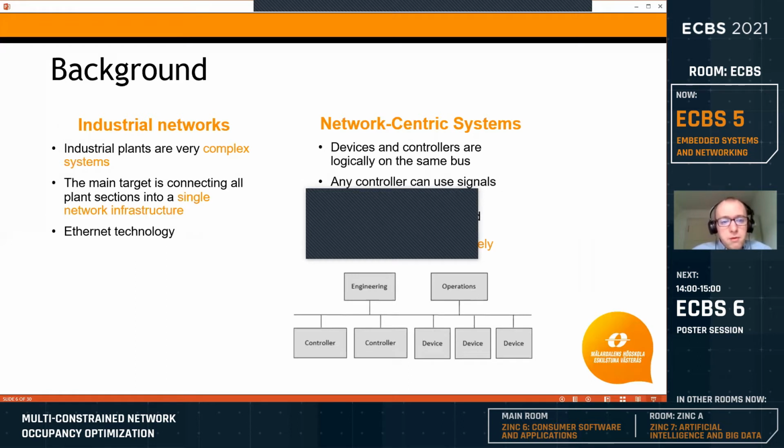Some quick background. Generally, we focus on industrial networks, which are usually complex systems, and the tendency is to connect all devices in industrial plants in one network infrastructure. That's why we have network-centric systems in which all devices are logically connected to the same bus or the same network, as shown here in the picture below.